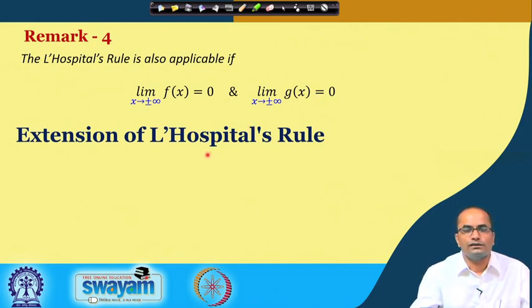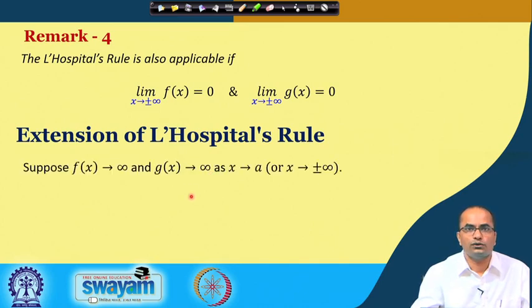So, now the extension of this L'Hopital rule to the infinity by infinity form. Suppose f x goes to infinity and g x goes to infinity as x goes to a, or x goes to plus or minus infinity, similar to the earlier case, but now the difference is that instead of f x going to 0 and g x going to 0, they both are tending to infinity.